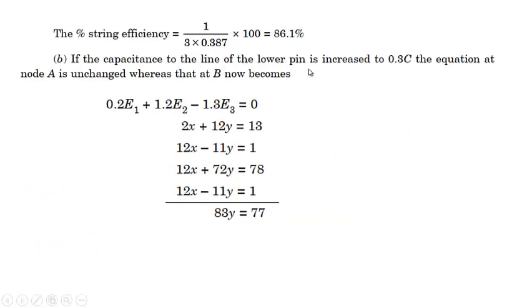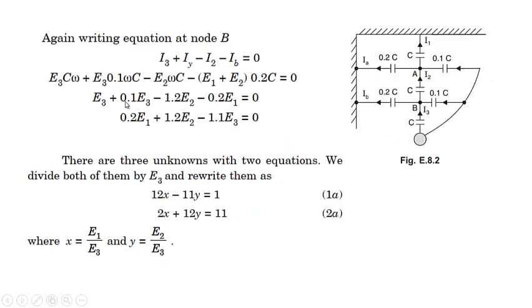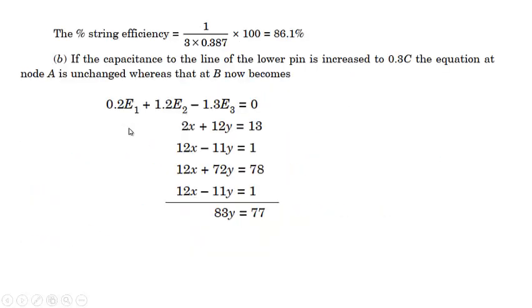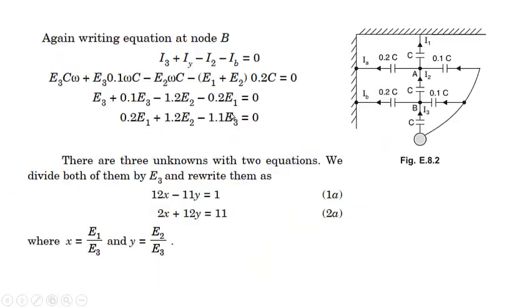The equation at A is unchanged, whereas the equation at B becomes 0.2 E1, 1.2 E2, and this becomes 1.3, because you can see over here we have used 0.1 at this point only, because E3 into 0.1. Now it comes out to be E3 into 0.3 omega C. This is the only case where we are using this.